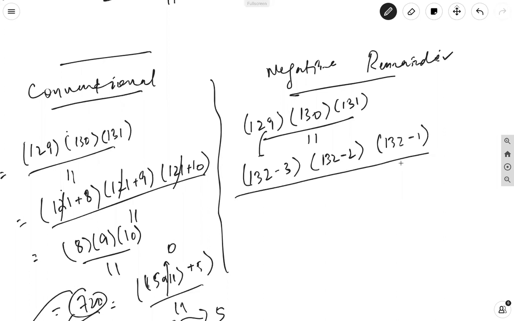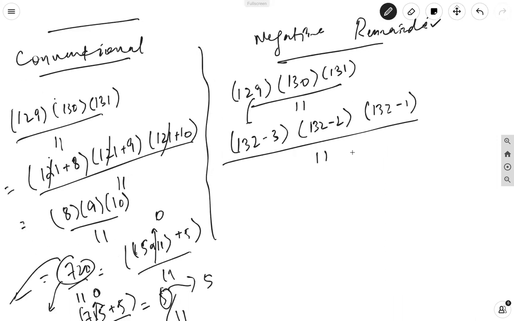Now, if I divide by 11, these are multiples of 11, so the remainder is 0. We are left with minus 3 into minus 2 into minus 1 over 11. Minus into minus is plus, plus into minus 1 is negative. So this is minus 6 by 11.